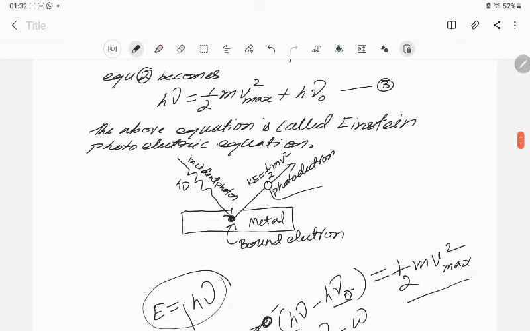This electron is called a photoelectron.